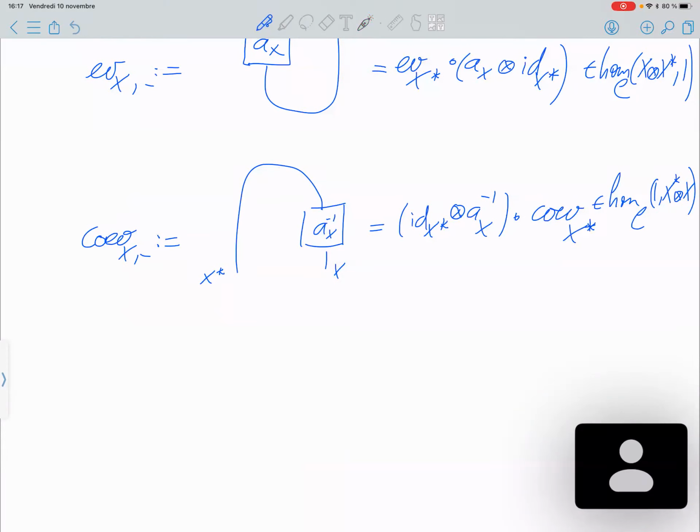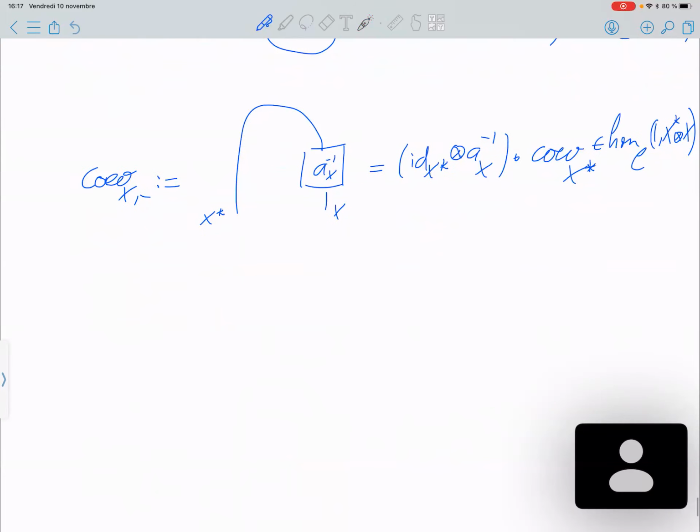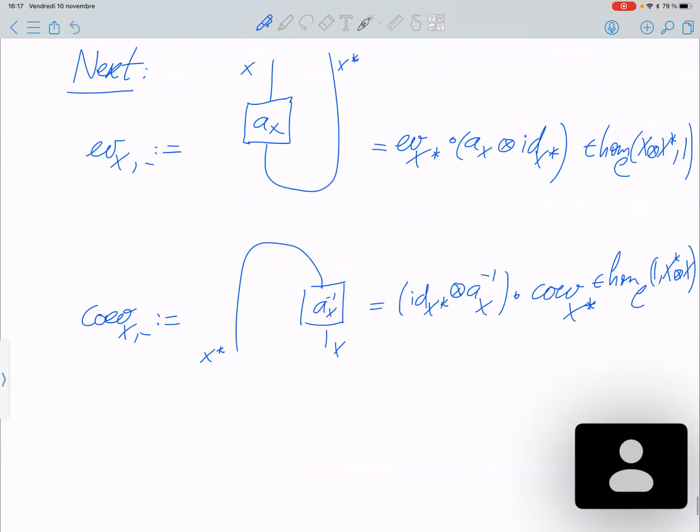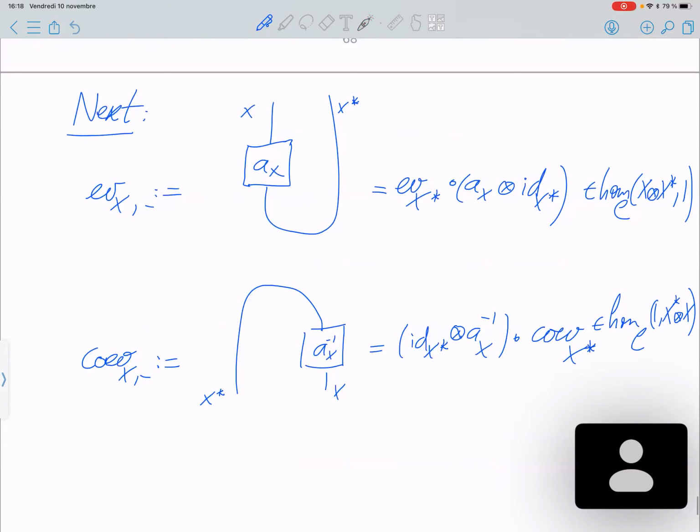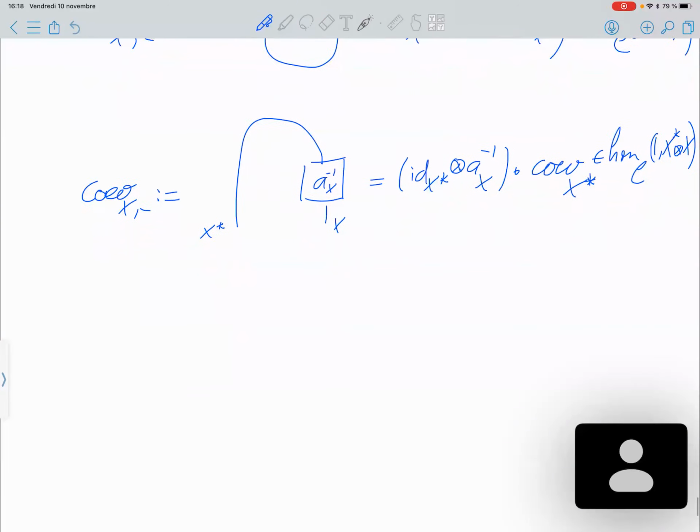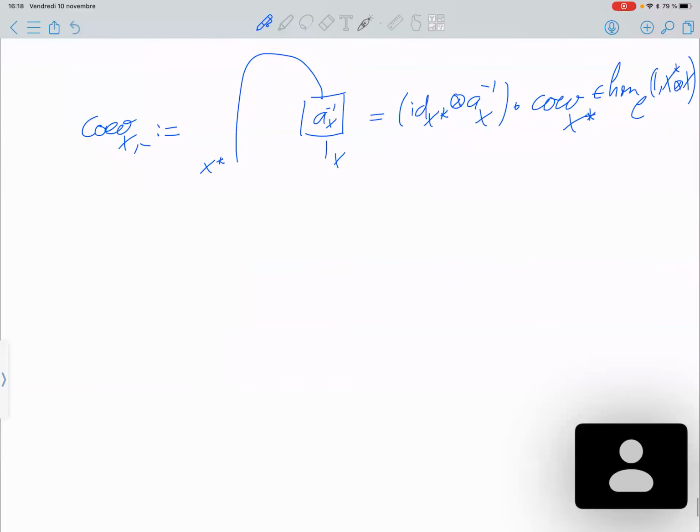What we are interested in here is to simplify the notation using some arrows, some orientation.